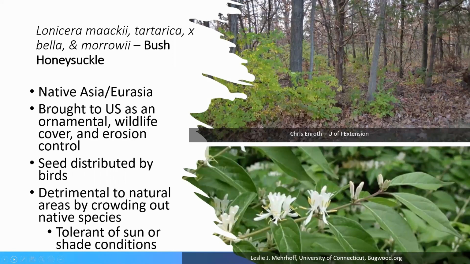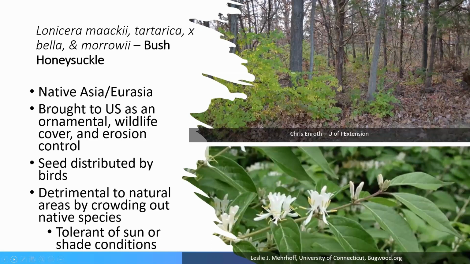And so this is a pretty tough plant, tolerant of sun or shade conditions. The easiest way to identify this one is that it is on a different clock than our native species. Bush honeysuckle comes from Eurasia, the other side of the planet, and it is used to a bit longer of a growing season. So here in North America, we see this as one of the first ones to leaf out in the spring and one of the last ones to drop its leaves in the fall.